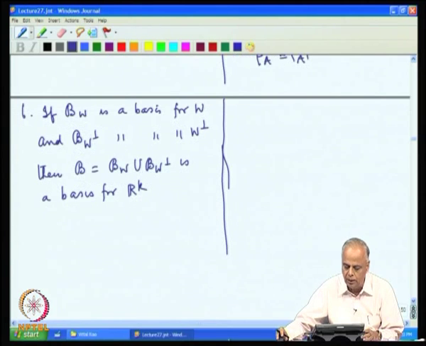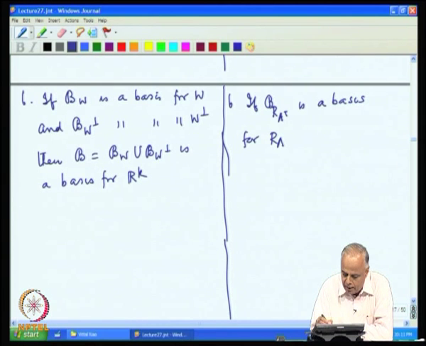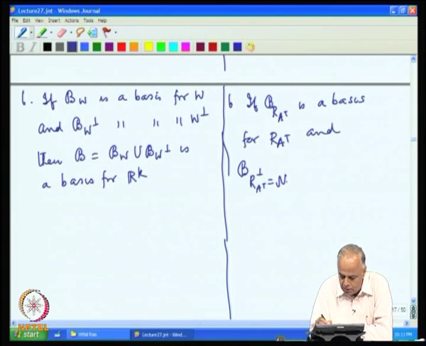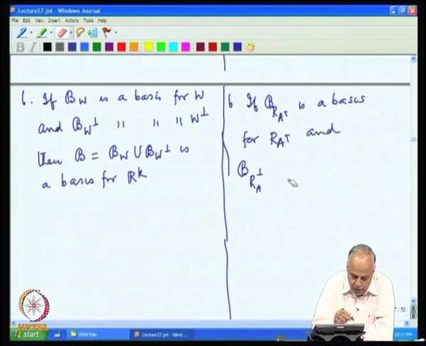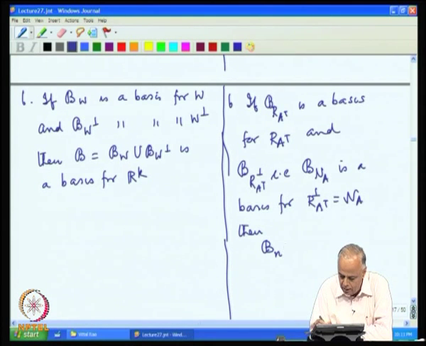Now, if you use this notion in the matrix case for R^n, if B_R(A transpose) is a basis for the range of A transpose and B_N(A) is a basis for R(A transpose) perp, which is equal to N(A), then B equal to B_R(A transpose) union B_N(A) is a basis for R^n.